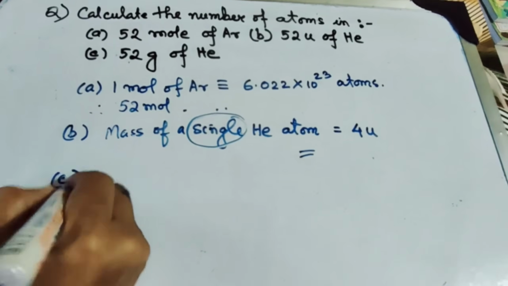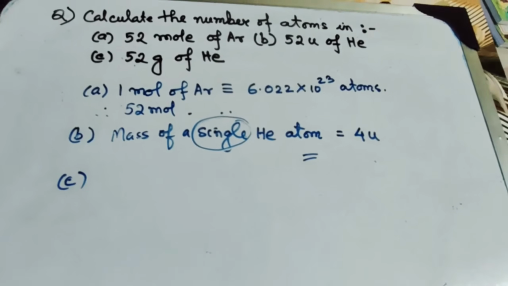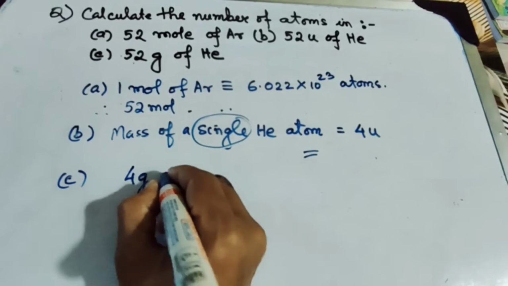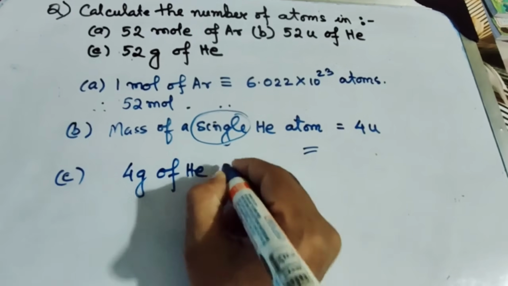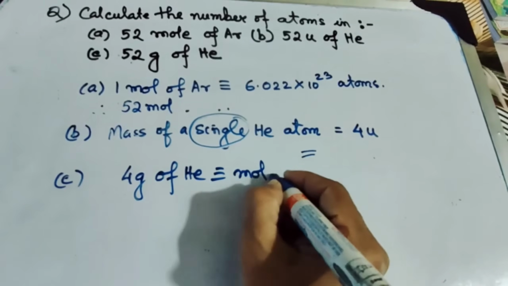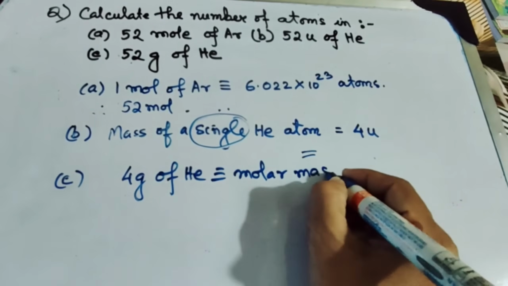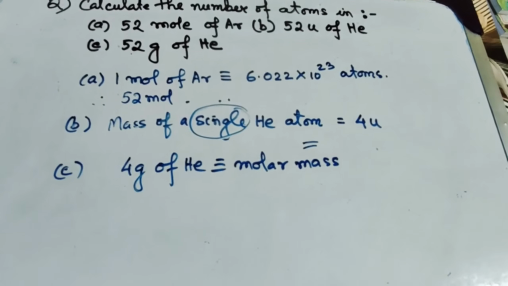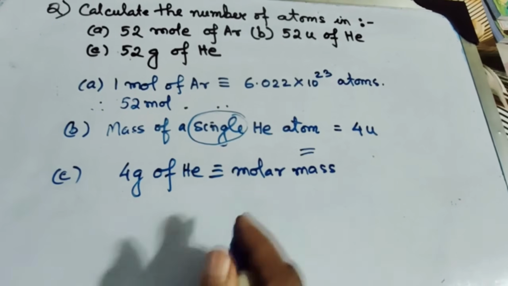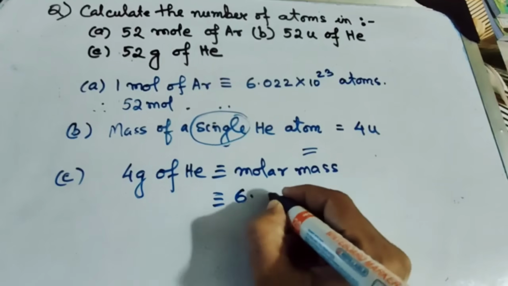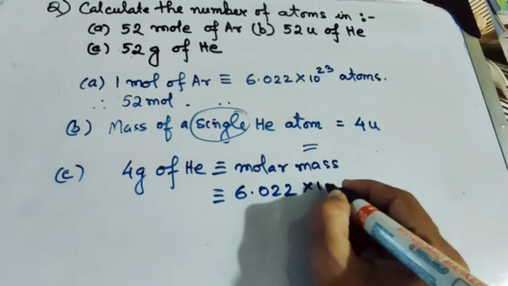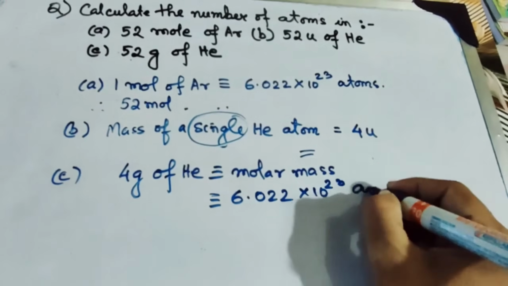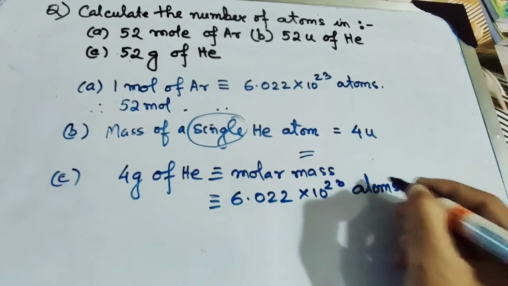Now, third one, 52 gram of helium. Keep in mind that 4 gram of helium corresponds to the molar mass of it. So if this is the molar mass of it, obviously 4 gram will contain again 6.022 into 10 to the power of 23 this many atoms in it, because it corresponds to 1 mole.